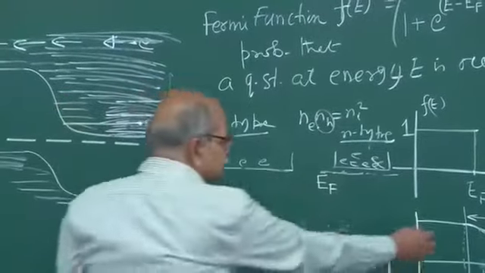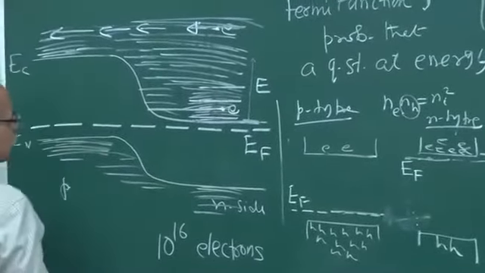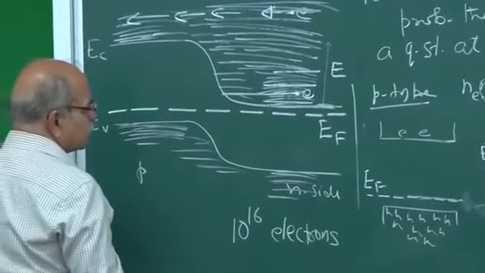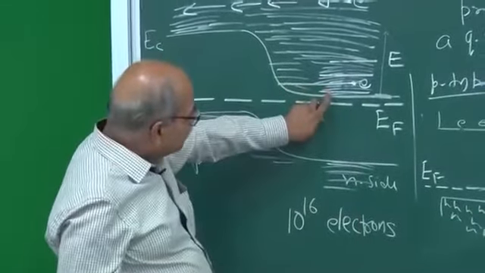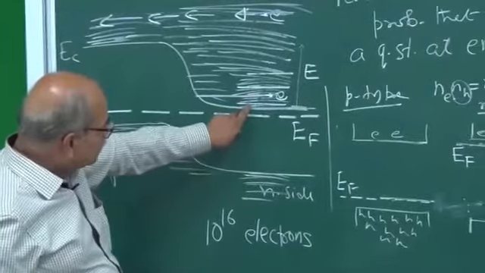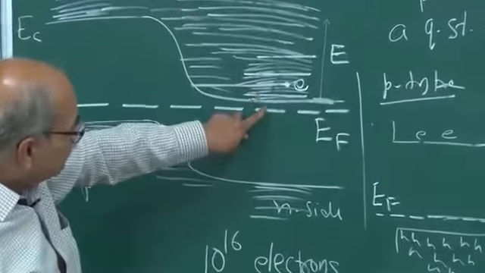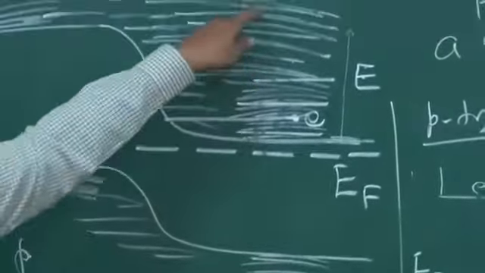As this function shows, if this is EF, then the occupation of these states will be large. As you go further and further away from EF, the probability will decrease.